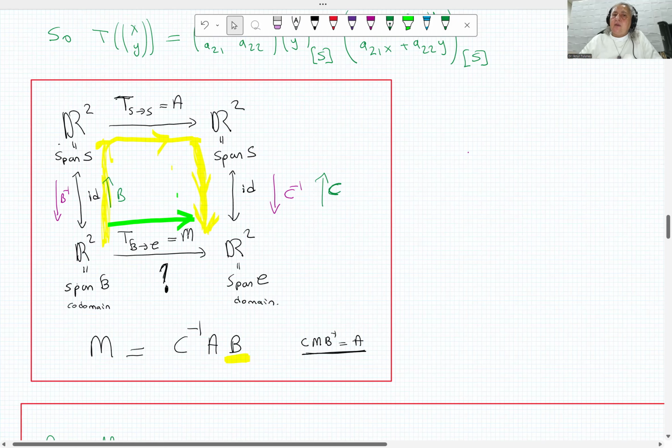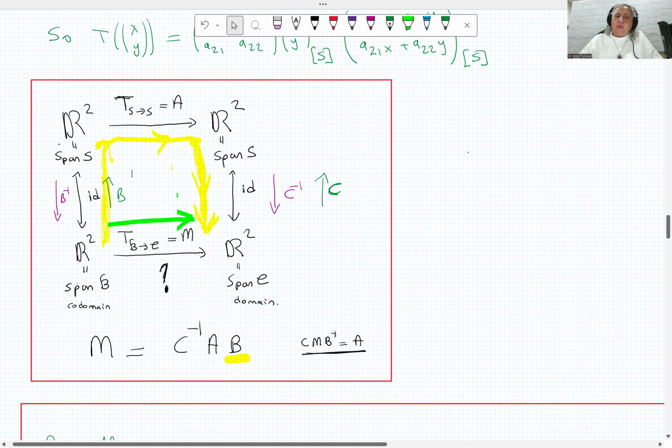But we are thinking of all of these steps as a composite of the maps. So we start from here. We want to go up. Now, this is a base change from B to S, so it will be B, right?